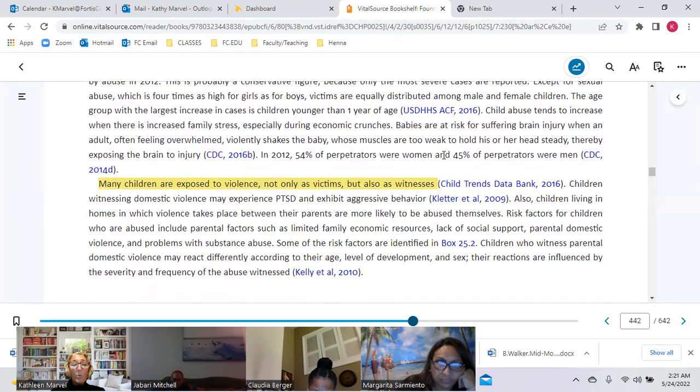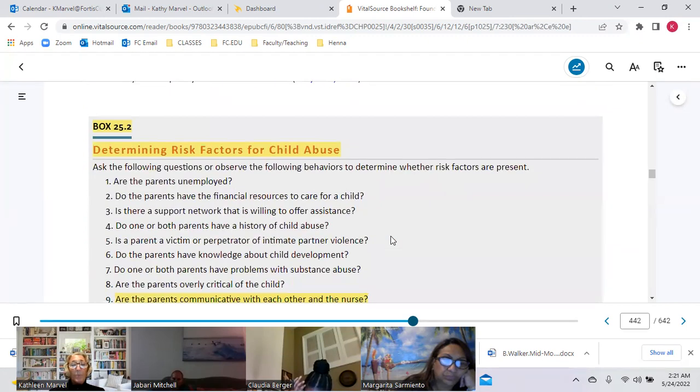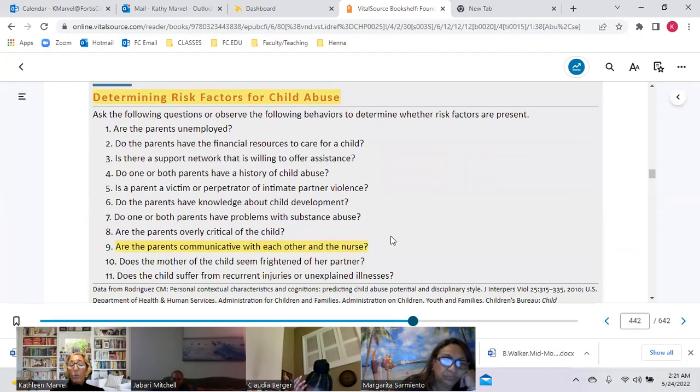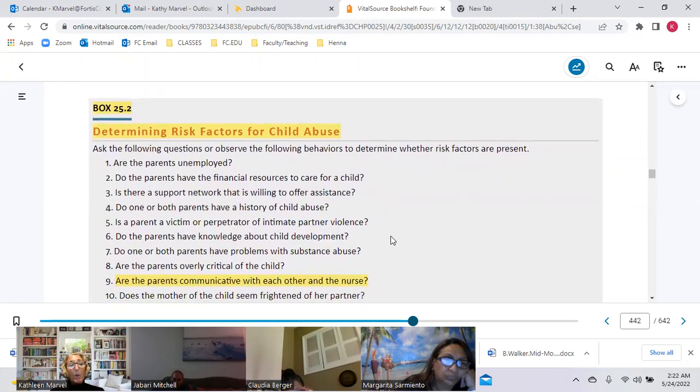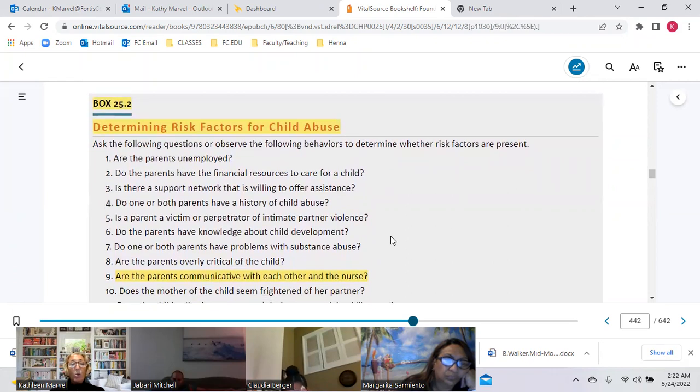Kids living in homes where violence takes place between their parents are more likely to be abused themselves. Maybe substance abuse issues, social support issues, resource issues, who knows? And then there's a couple of how-to boxes that are real helpful in this chapter. This first one is box 25.2. It is determining risk factors of child abuse.